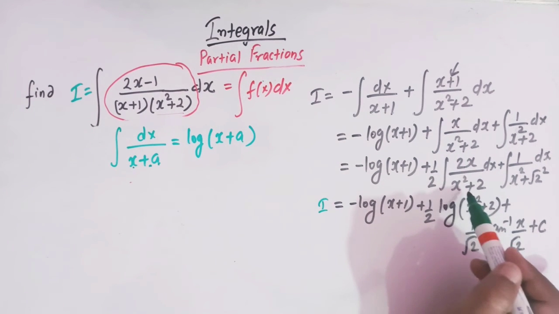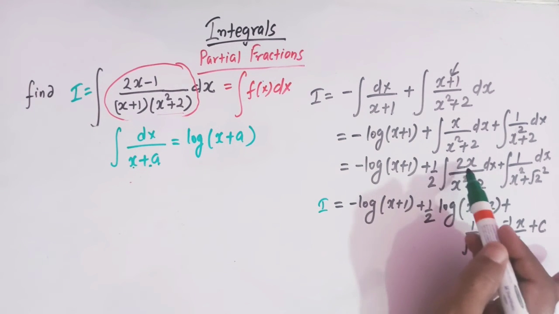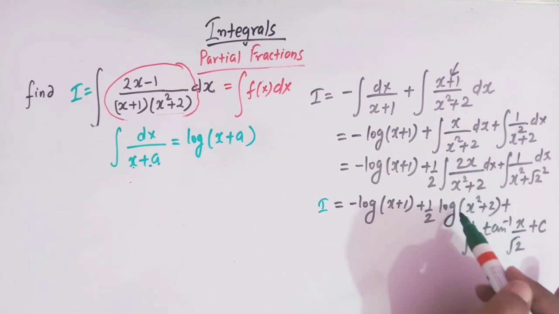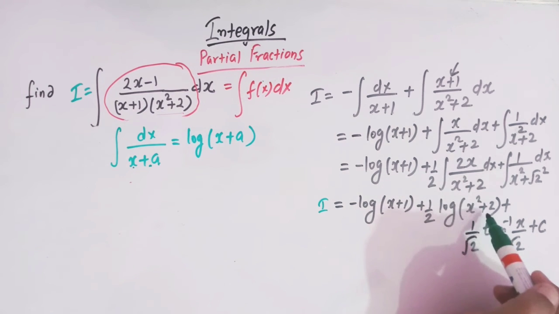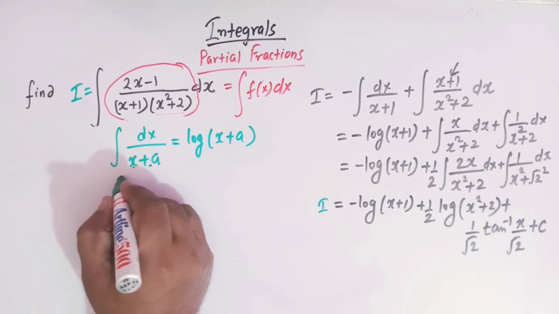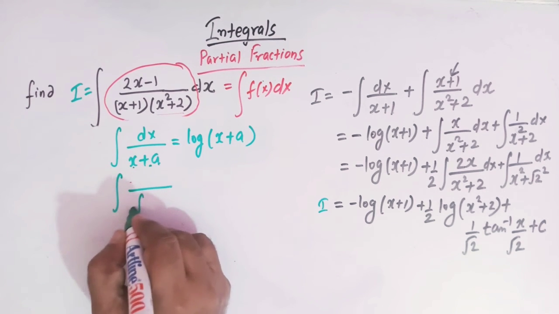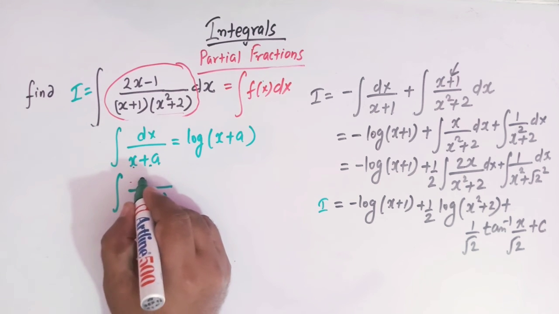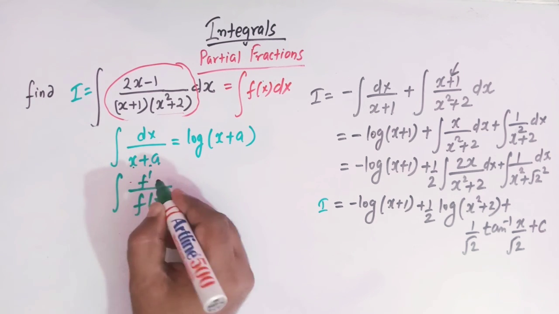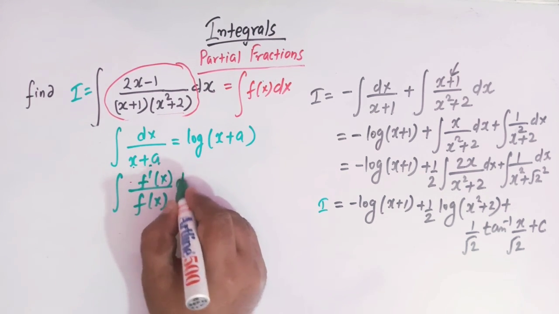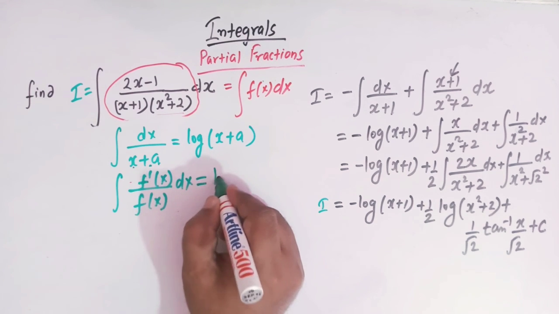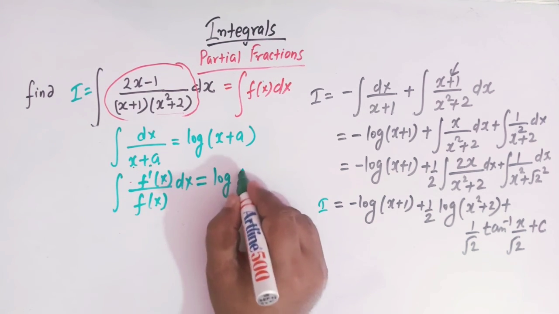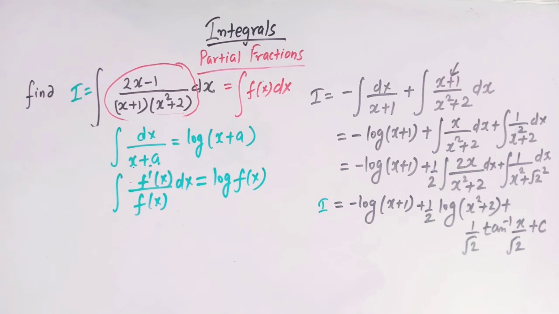And here the derivative of x square plus 2 is 2x, so we have written the integral as log of x square plus 2. So we know that if we have a function in the denominator and the derivative exists in the numerator, then the integral is the log of this function, that is f of x, right?